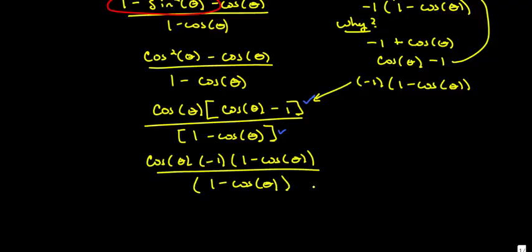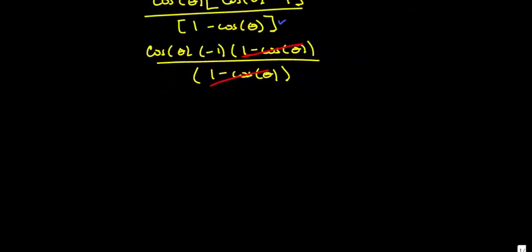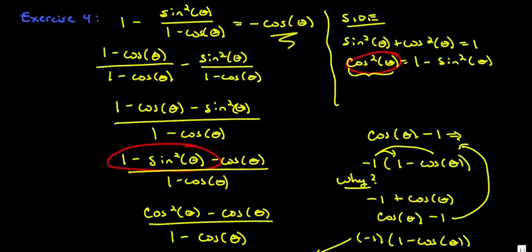Put that in parentheses just so you can see that now this term and this term cancel, which means that I have cosine theta times negative 1, which is negative cosine theta, which is what I wanted to have for a solution.